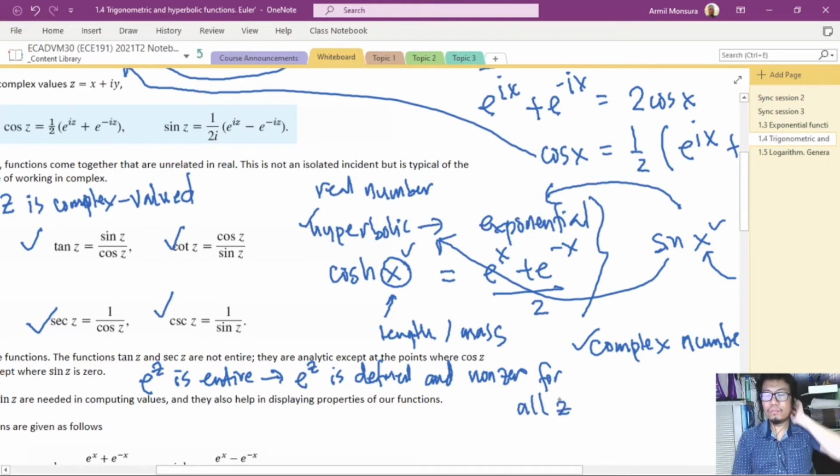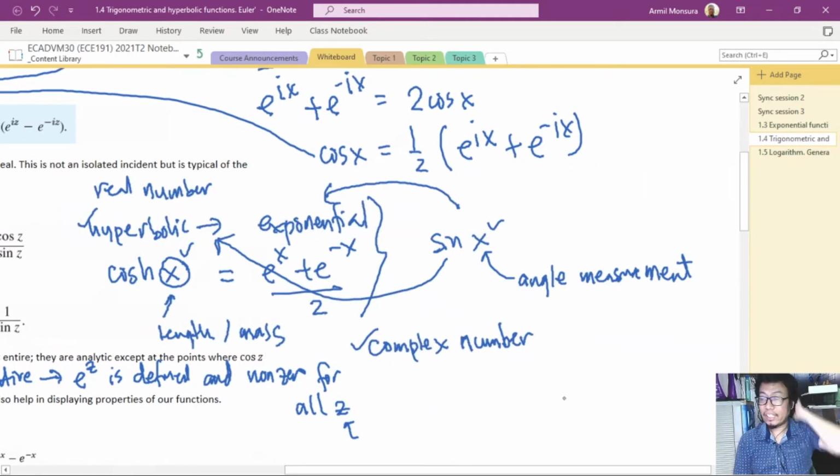So no matter what value your z assumes, there is always a non-zero value for e raised to z. In fact, you can just take a look at e raised to x, where x is a real number, and realize that it never becomes zero, no matter how small x is.